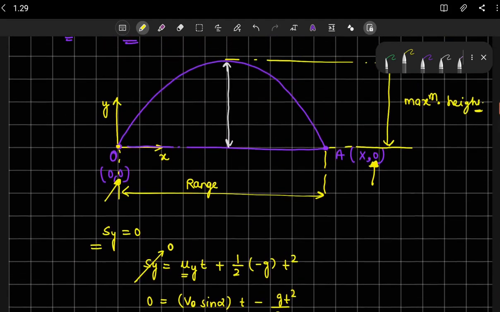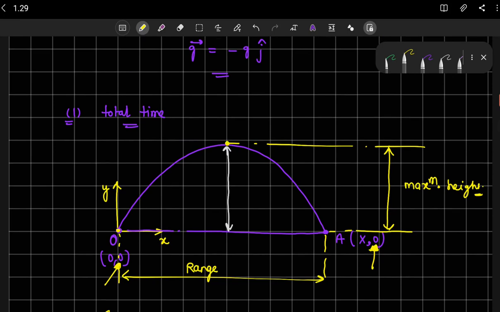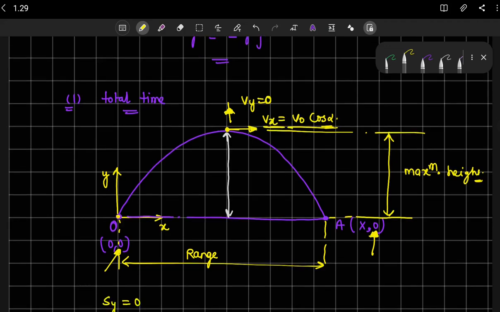If we carefully look at this particular point, the velocity in the y direction is 0 and velocity in the x direction is equal to v naught cos alpha, because the body doesn't have acceleration in the x direction, so the velocity will remain the same.